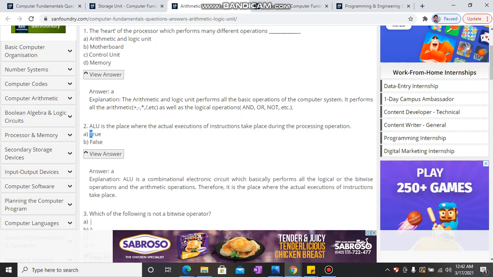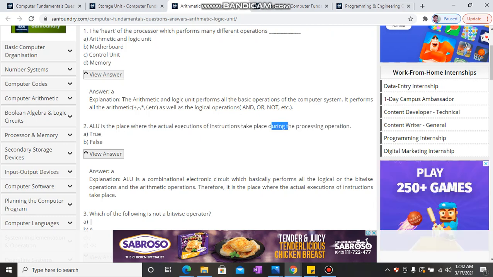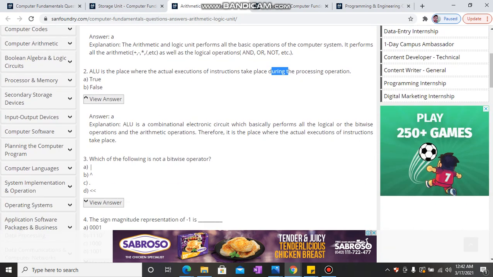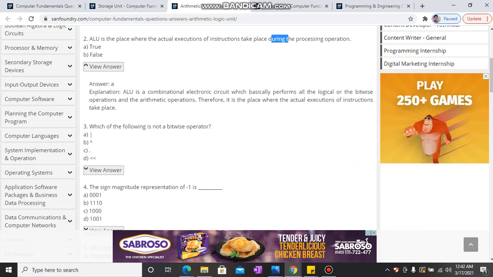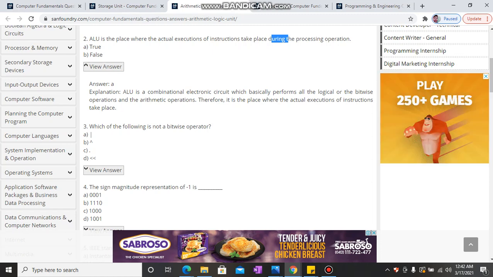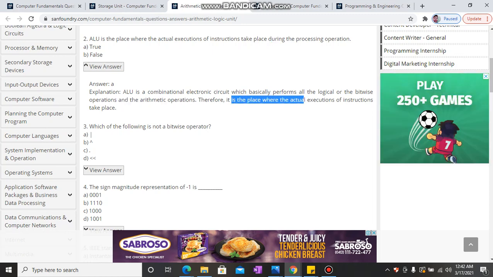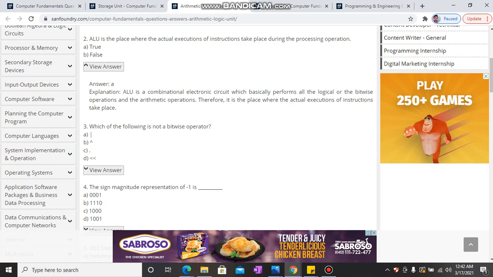That is true, because the ALU is a combinational electronic circuit which performs all the logical and bitwise operations. Therefore, it is the place where execution of instructions takes place.